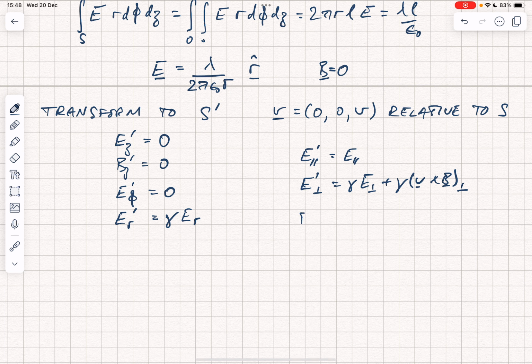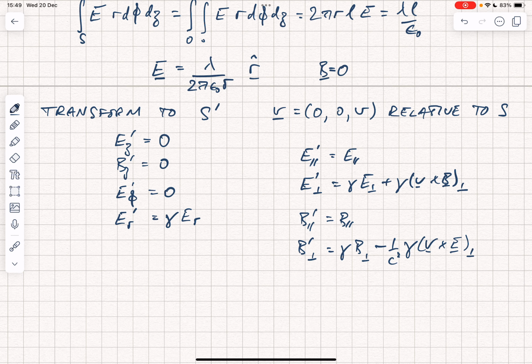What about B? Well, remember, B prime parallel is equal to B parallel, and that's naught. And B perpendicular primed is gamma B perpendicular, which of course itself is 0, minus 1 over c squared gamma V crossed with E perpendicular.